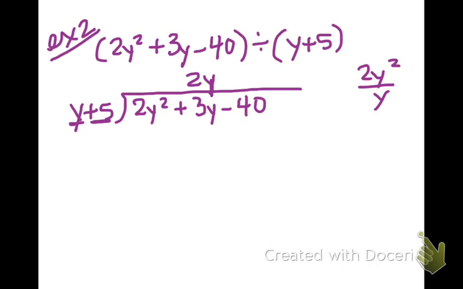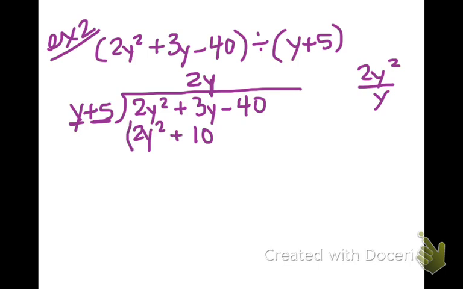So when we take 2y times 5, we get 10y. And we take 2y times y, we get 2y squared.